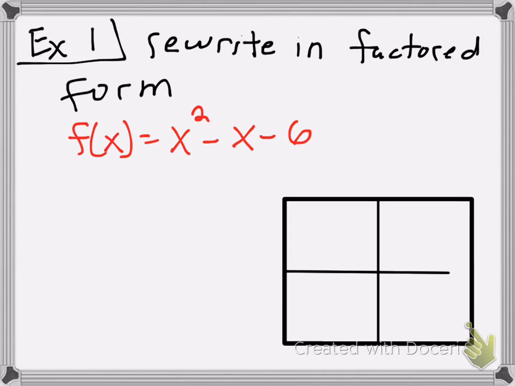If I'm going from standard to factored form, I need to use a Punnett square. The diagram is just a reference of what you need to do, but how you do it is what you need to remember.